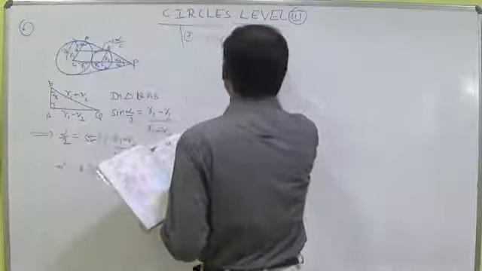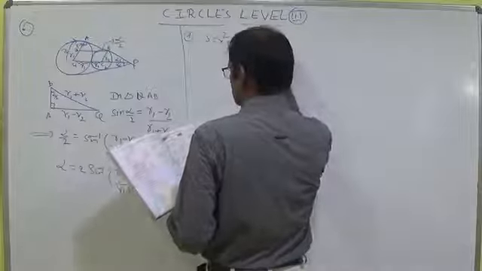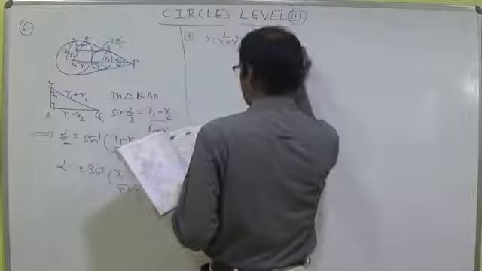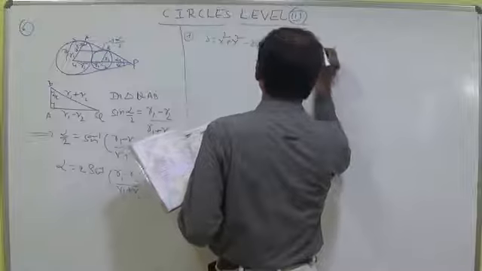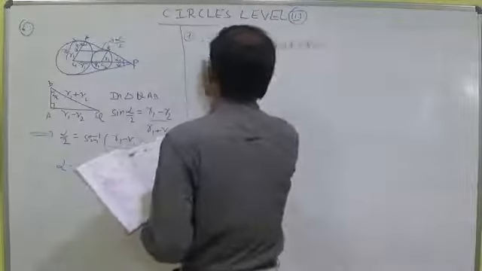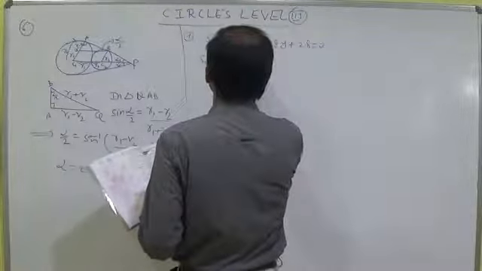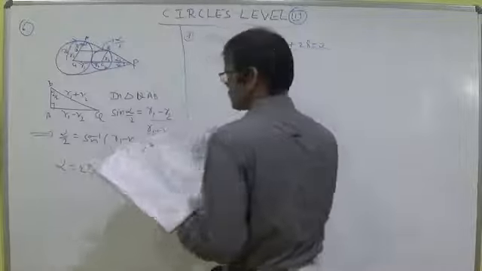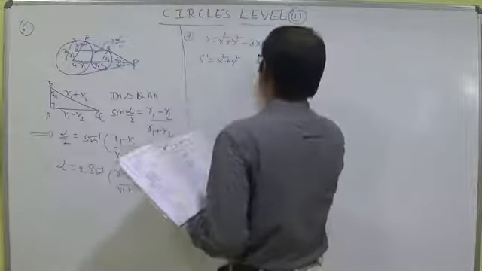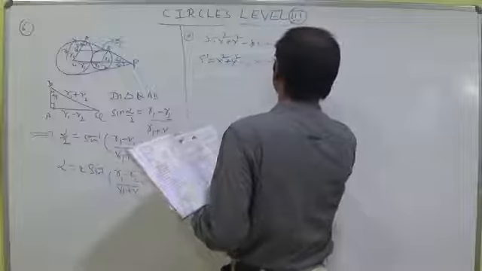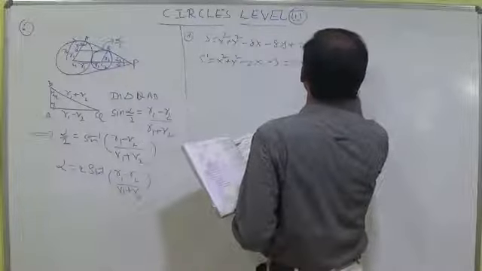x square plus y square minus 8x minus 8y plus 28 equal to 0 is the first circle. Let us denote the second circle as S dash: x square plus y square minus 2x minus 3 equal to 0.